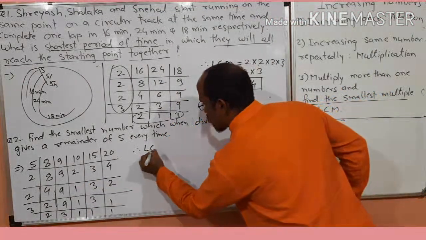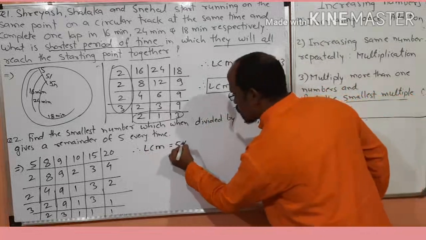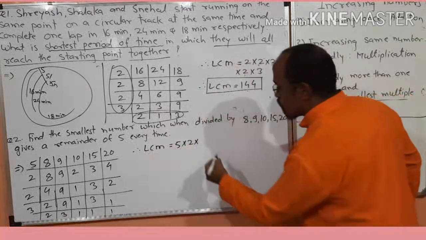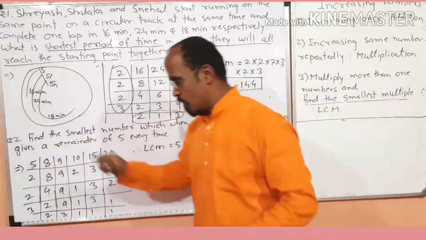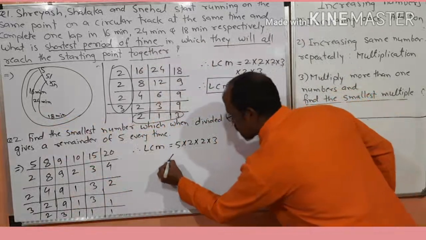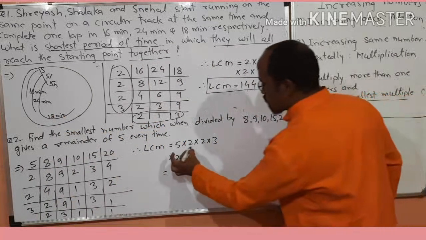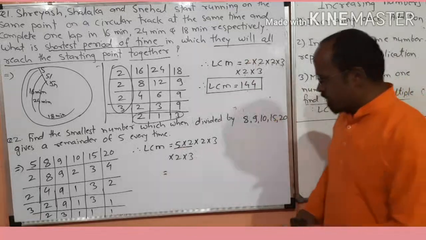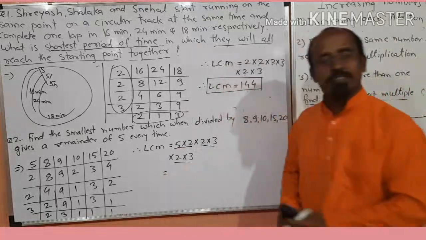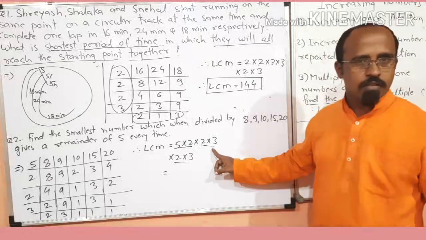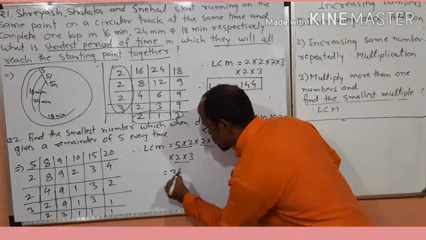Therefore the LCM is equal to 5 into 2 into 2 into 3, that is, the numbers in the first column multiplied by the numbers in the last row, that is 2 into 3. 5 2s are 10, keep in mind, 2 3s are 6, 6 6s are 36, 36 into 10, 360.